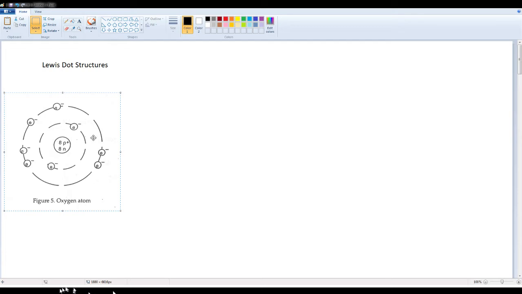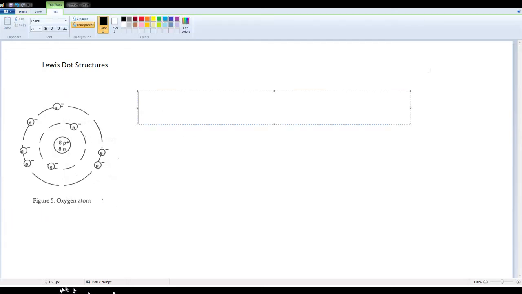We call those the valence electrons. They're just the electrons located in the outermost ring. So if I look at oxygen, I see that there are 6 valence electrons.